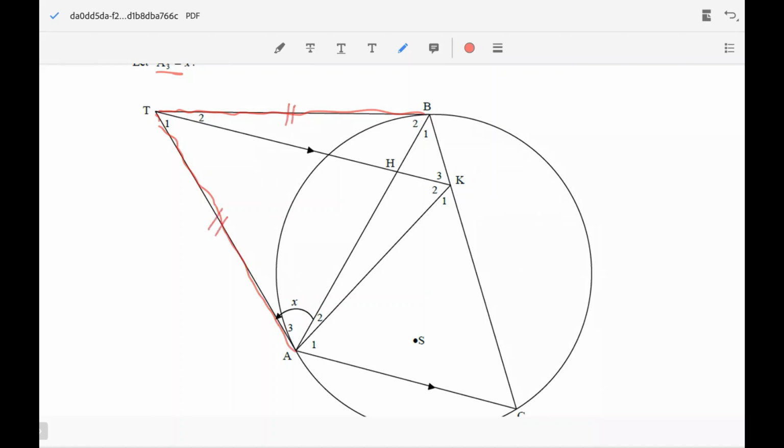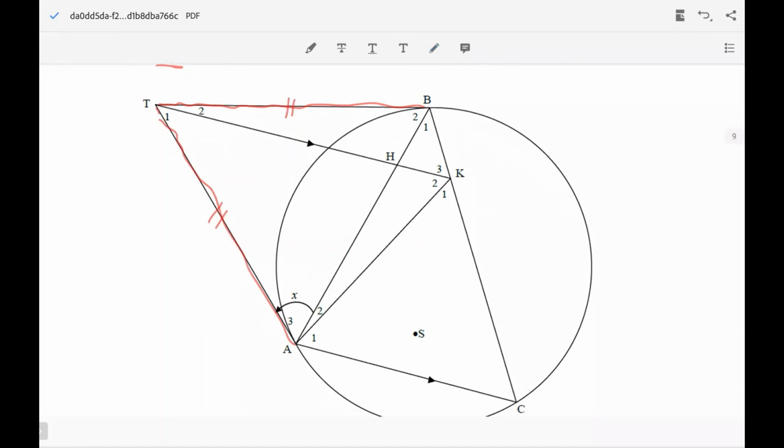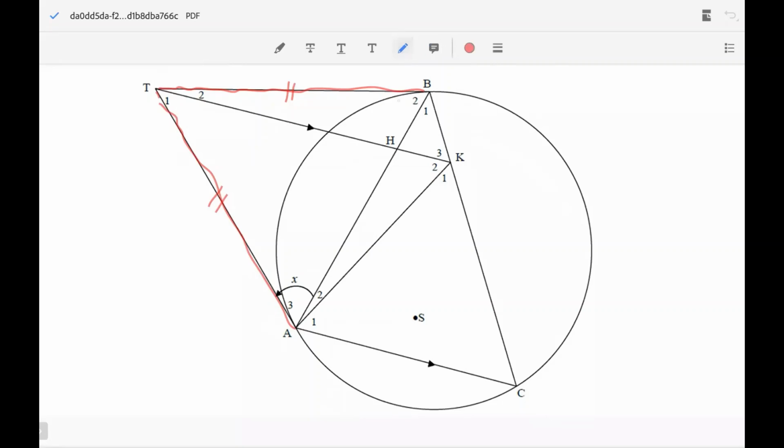Since we have tangents, we shall at some point need to use the tan chord theorem. From what we have, you can see that angle B2 is indeed equal to angle C, tan chord, and angle A3, which is X, equals angle C, tan chord. So this would be X, and that will also be X.